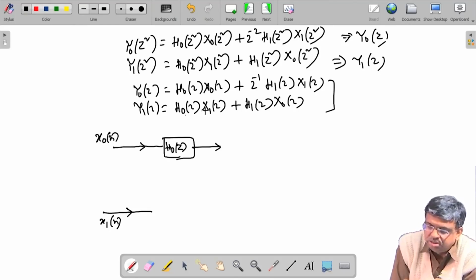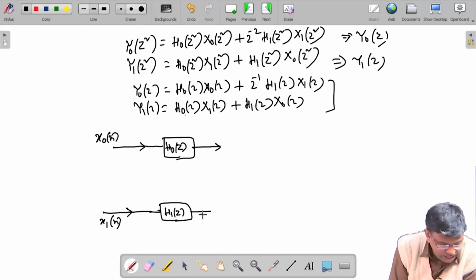Not expanded, so z remains z, not z square. So we will have x1 z multiplied by h1 z. So there will be an h1 z filter. And then its output is to be multiplied by a delay and then added with this output.